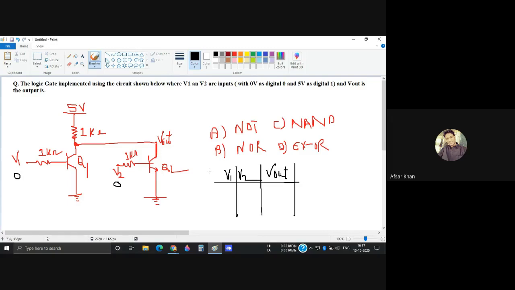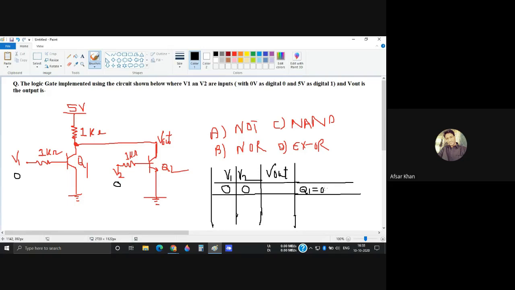In the very first case, V1 is 0 and V2 is 0. Now for V1, V2 equal to 0, what will be the states of transistors Q1 and Q2? Q1 will be on or off? Off. So Q1 will be cut off.